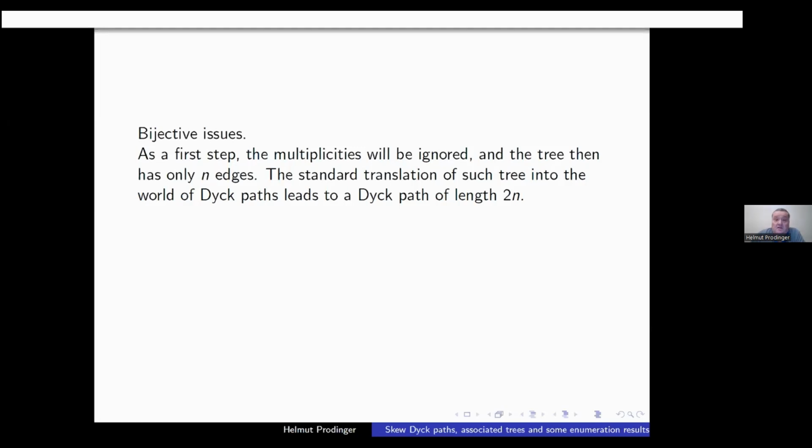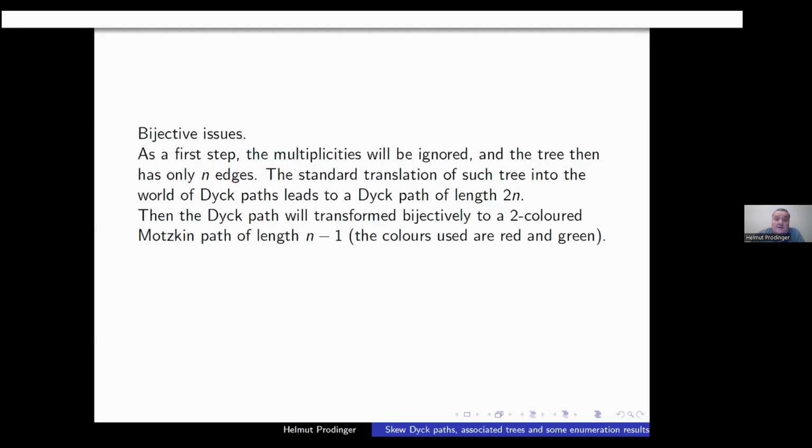Just walk around and do your thing with up and down steps. But this Dyck path has length 2n, yeah? It can be coded as a Motzkin path of half the length, essentially, but we have to use 2 colors to get the information back.